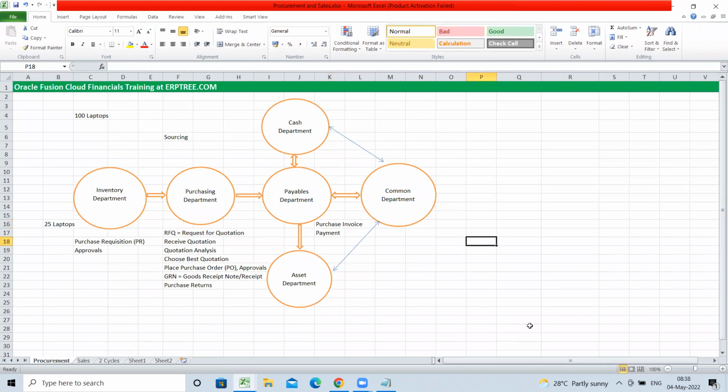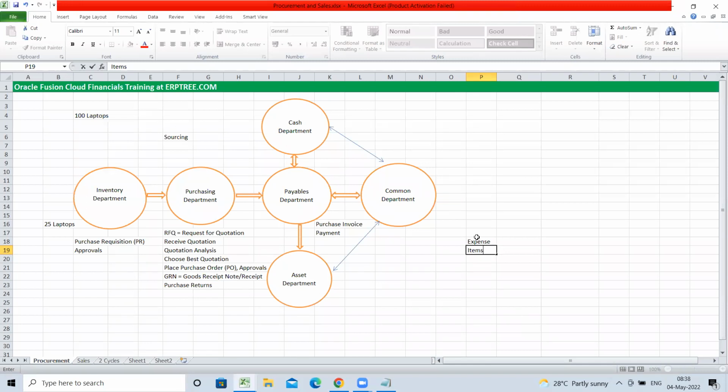What are those reasons? You may create a purchase invoice for expenses, that means an expense related purchase invoice. And you may create a purchase invoice for the items you are purchasing. When you purchase any item from the supplier, you have to create the purchase invoice to make the payment.